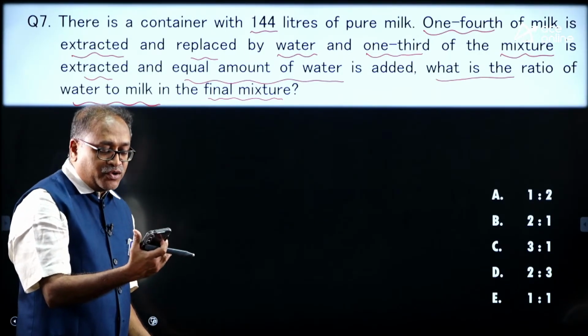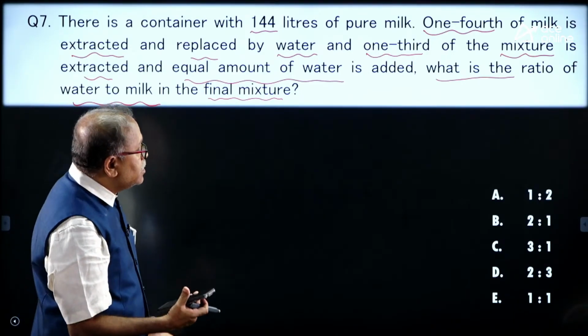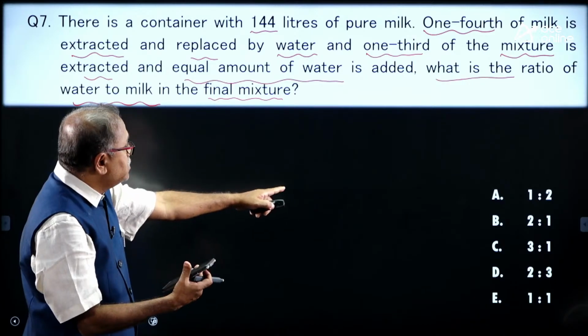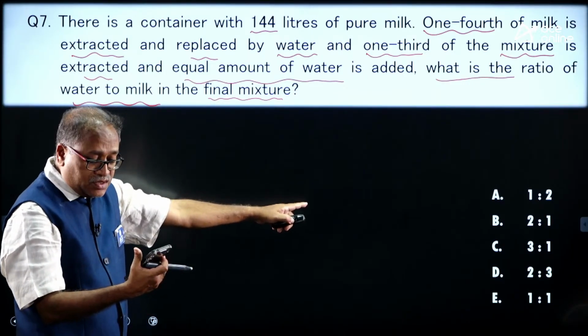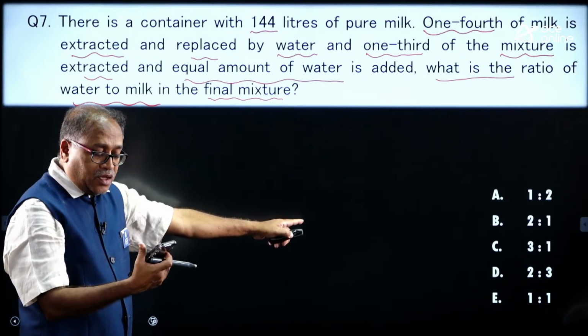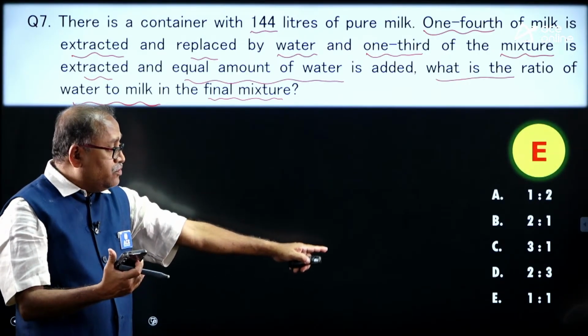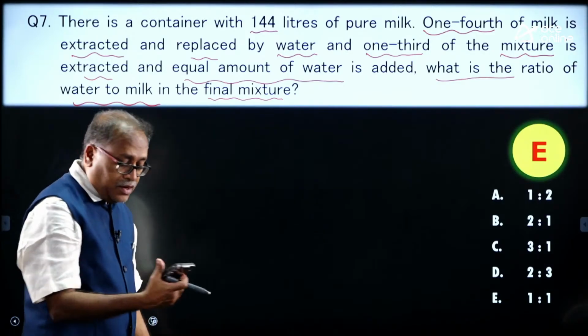I do not know your real name, but it is okay, and so is Anusha. So, shall I check the answer? You are saying option B for this? Okay, let me check the answer, and the answer is option E, 1:1. Okay.